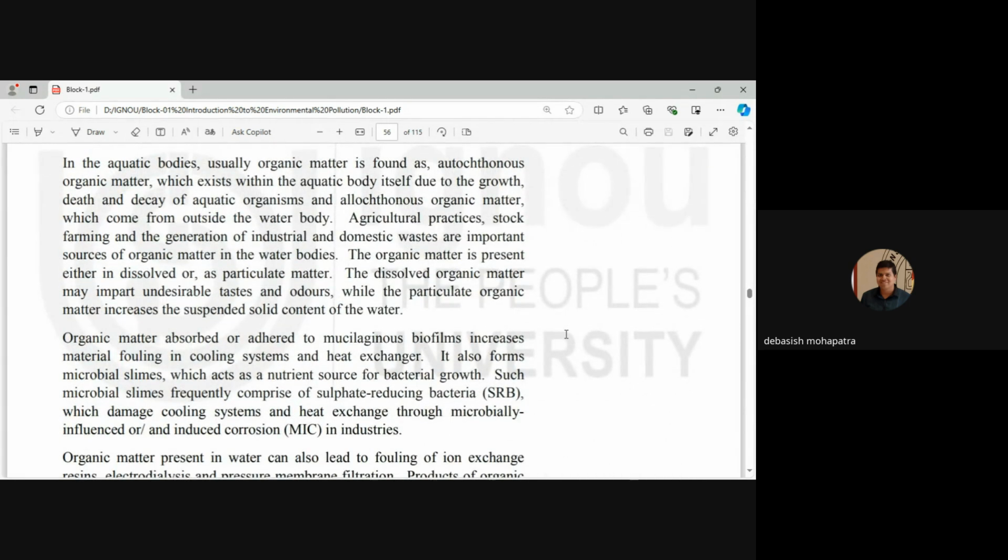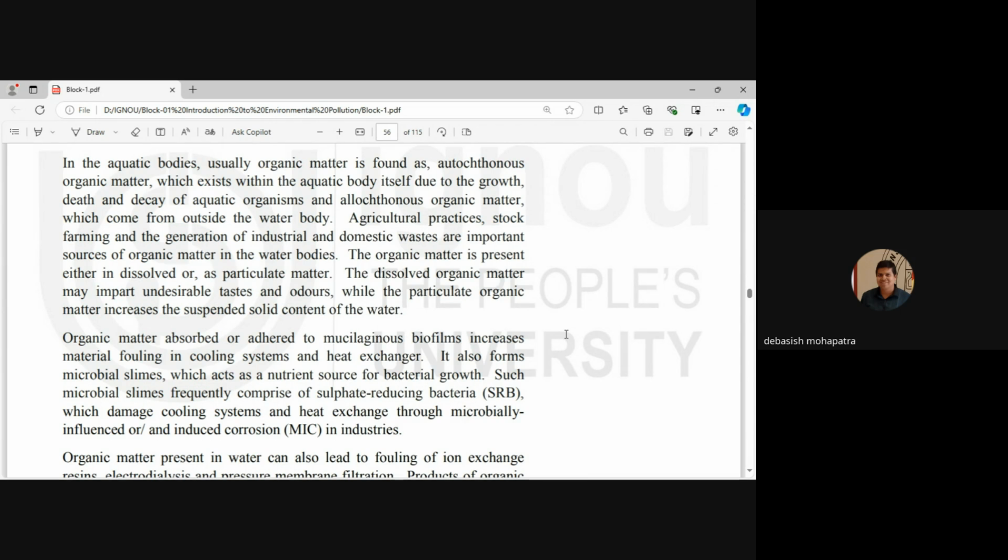In aquatic bodies, organic matter is usually found as autochthonous organic matter, which exists within the aquatic body itself due to the growth, death and decay of aquatic organisms, and allochthonous organic matter, which comes from outside the water body.